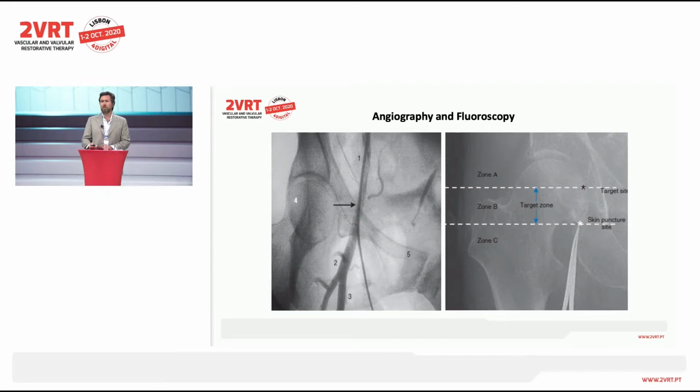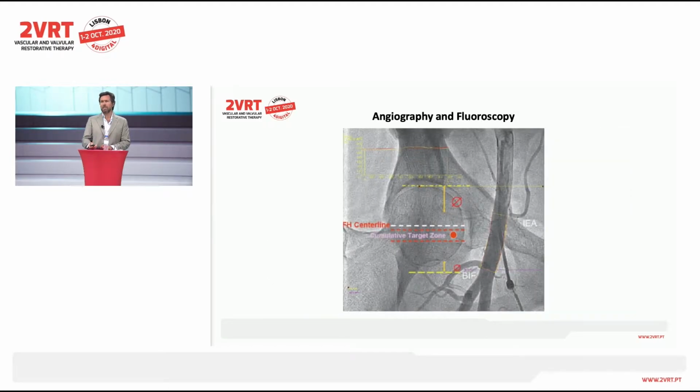The angiography is normally very useful, and we know that most of our target zone will be exactly on top of the bone, so that you have the most compressible place, and it's probably where you have fewer complications, but with the bifurcation. But still, we have some patients in which sometimes it's lower, sometimes it's higher.